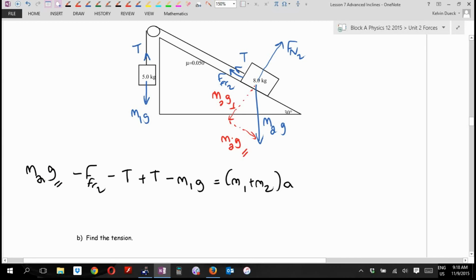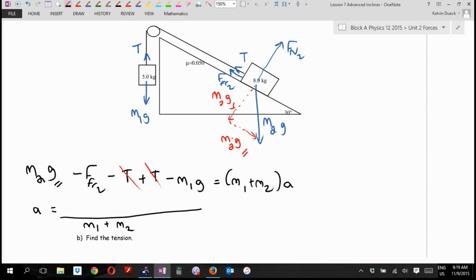So far, so good. Ty, you relaxed? You should be, right? In fact, let's get the A by itself just for giggles. It's going to be M2G parallel minus friction, which is mu times the normal.